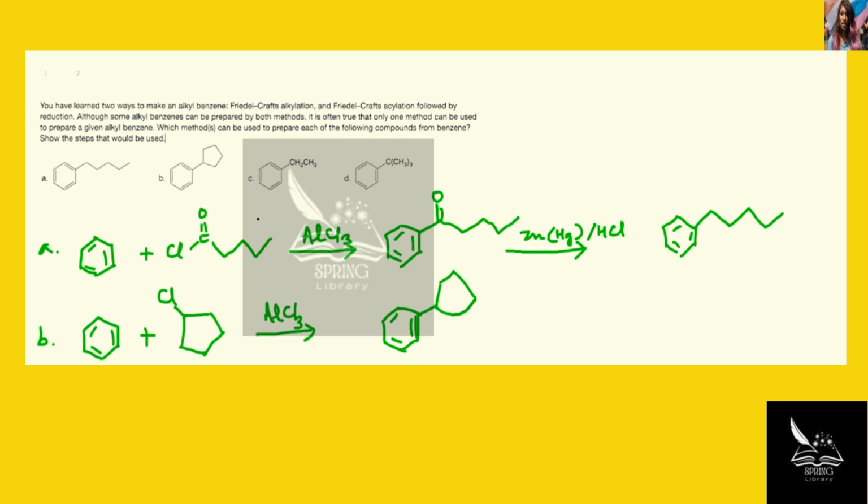Now come to C. For the C compound, both methods are applicable, but the safer method will be again acetylation followed by reduction. So here also in case of C, we are doing acetylation first.